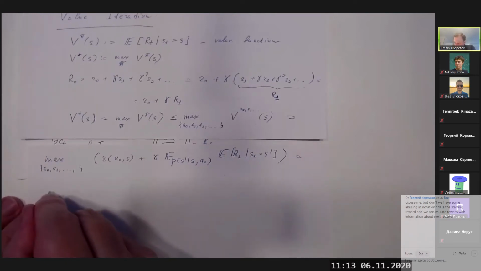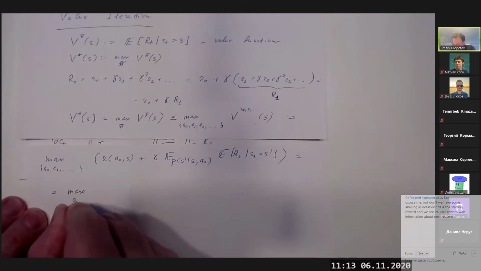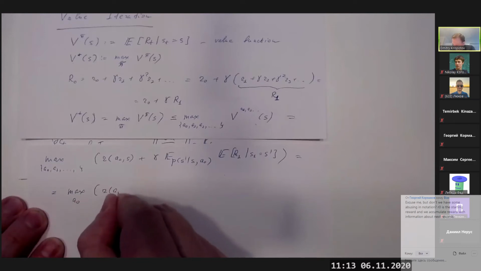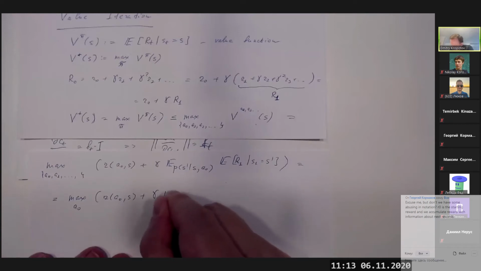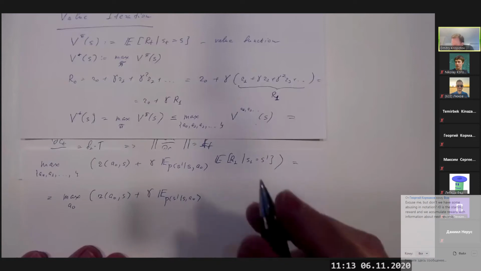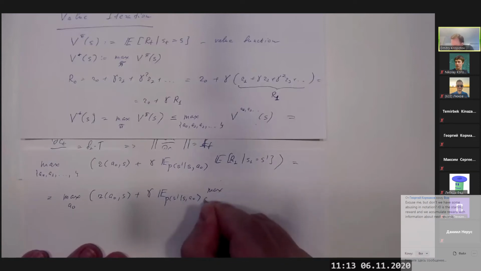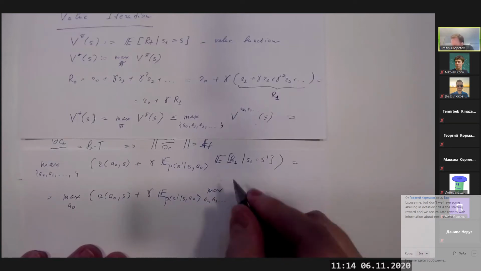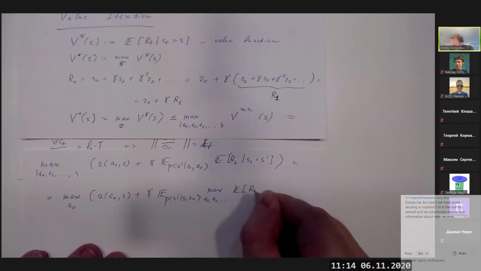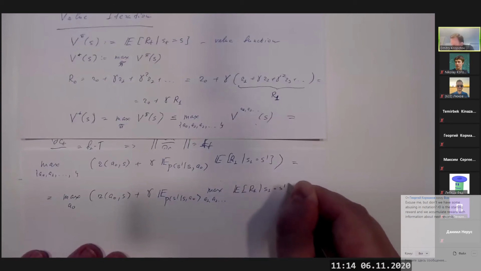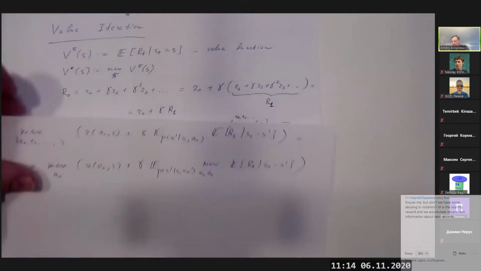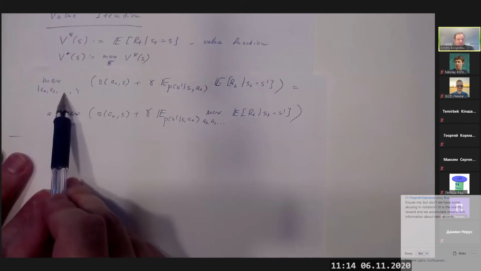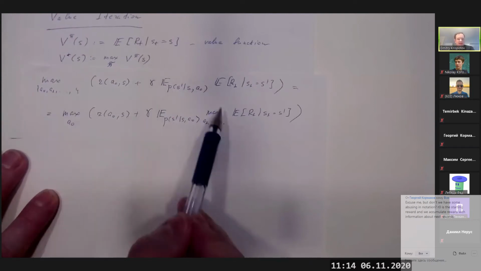So we may write that this is a maximization over A0 of this reward plus gamma, and the maximization over A1, A2, etc., expectation, like this. So here we moved the maximization of all next actions inside these expectations.